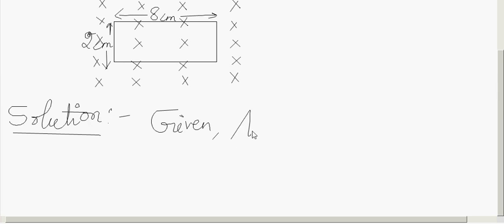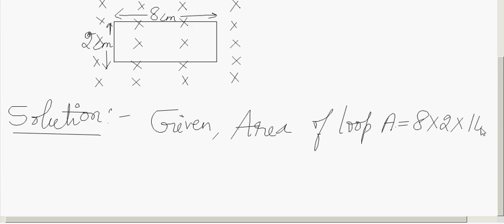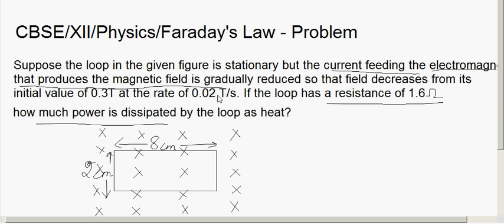Given, the area of the loop A is 8 multiplied by 2. Converting to meters, 10 to the power minus 2 squared becomes 10 to the power minus 4, so it is 16 into 10 to the power minus 4 meter square. Then what else is given?